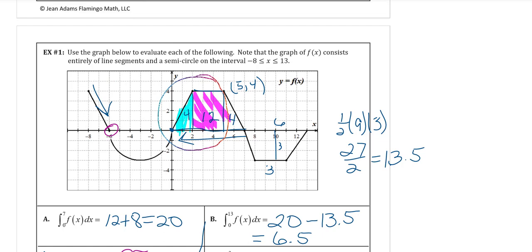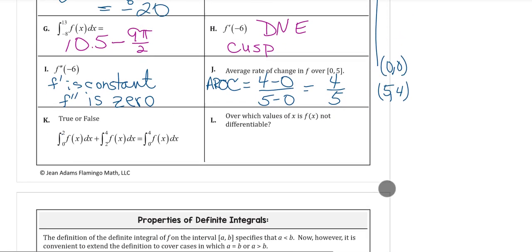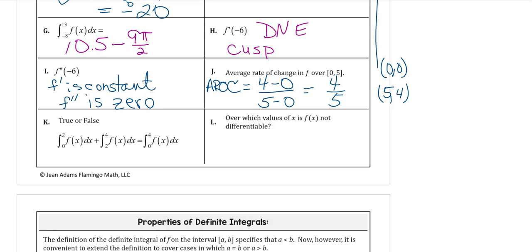I guess I went a little further with this. Let me fix that just a little. It would just be these two pieces here. So is that a true statement? And the answer to that is yes, of course, because we're just going to add the pieces of our area. So that is a true statement.